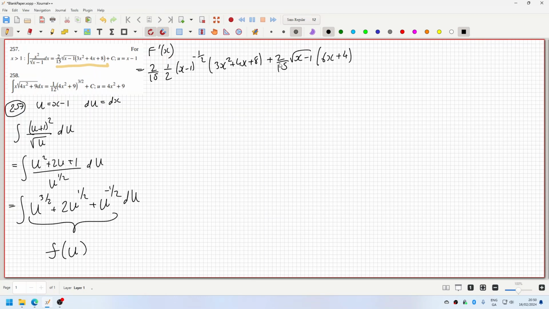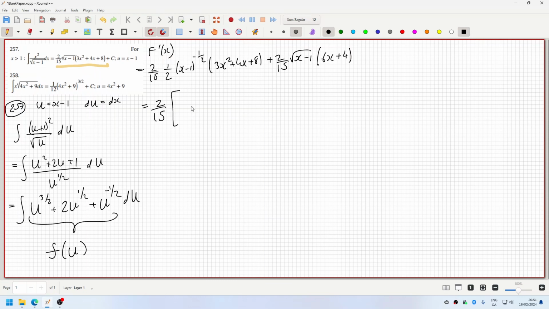So that's 2/15. If I cancel the 2's here, that's 1 over root x. Actually maybe I should leave the 2. So take out the 2 over 15.